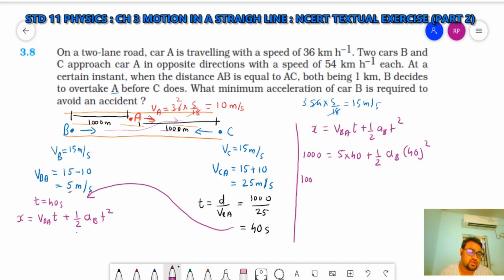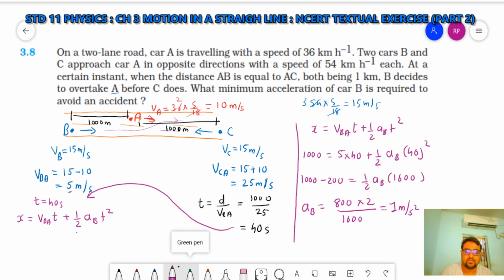So 1000 minus 200 equal to half AB into 1600. 40 square means 1600. So AB will be equal to 800 into 2 divided by 1600, that is equal to 1 meter per second square.